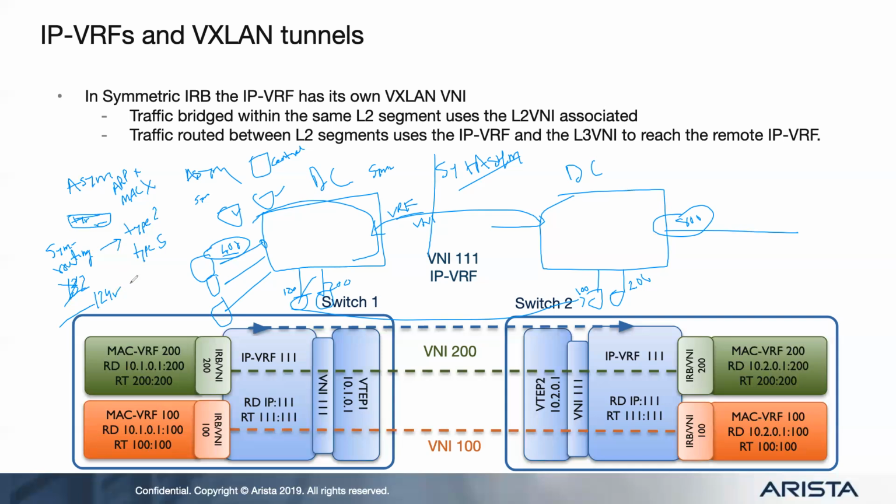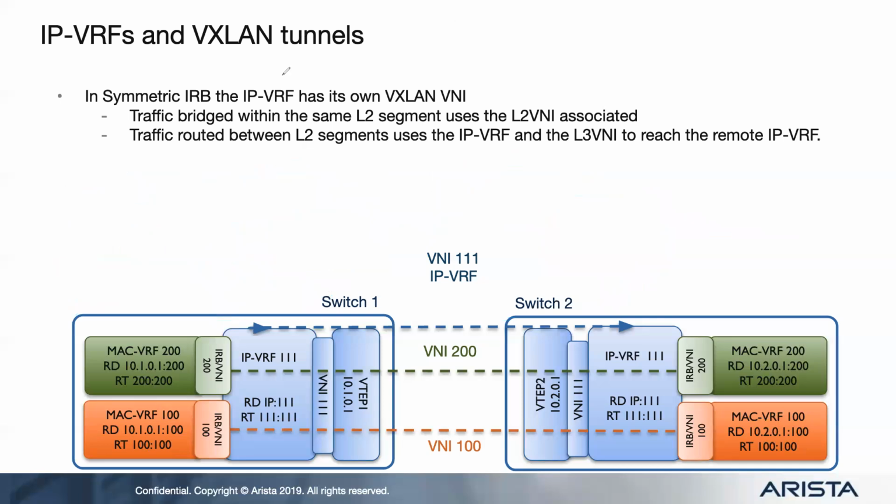Now, how will this be generated? I will show you in the configuration. If you remember, under VLAN VRF we configure redistribute learn. As soon as we learn MAC and ARP, we advertise. Similarly, the configuration for this.